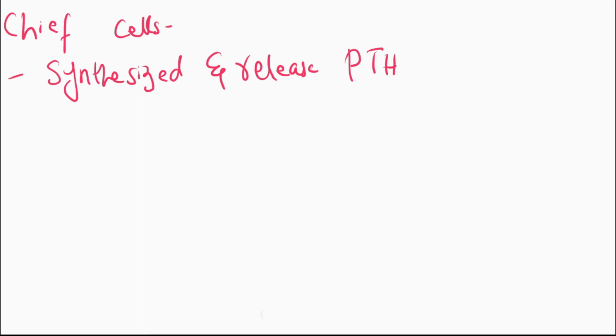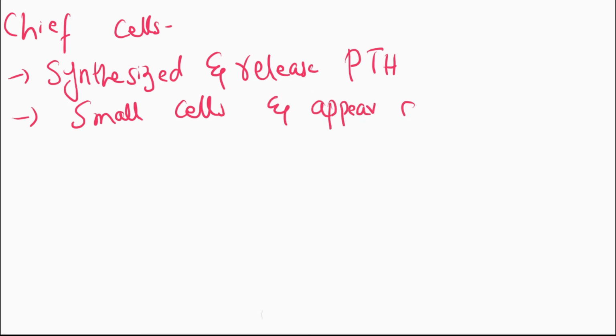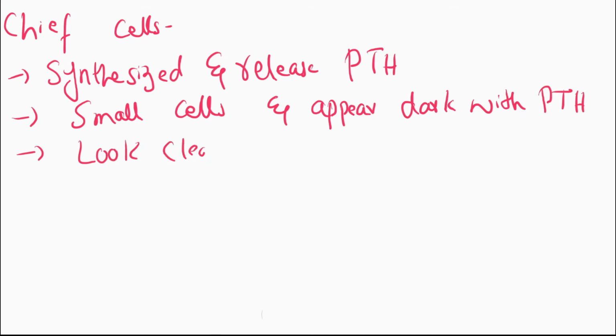The chief cells are small cells and appear dark in the presence of parathyroid hormone, and chief cells look clear in the absence of parathyroid hormone and in the resting stage.